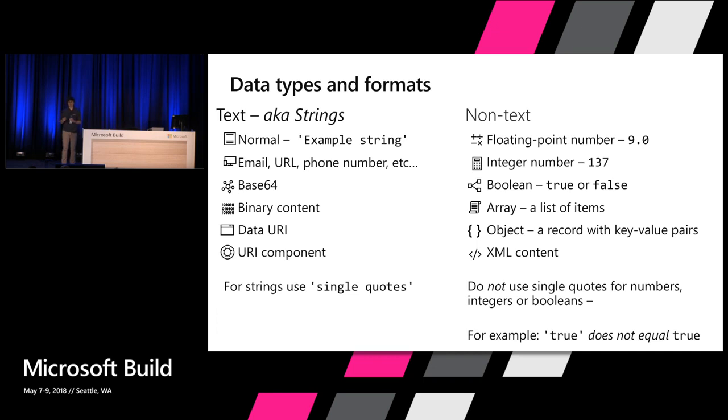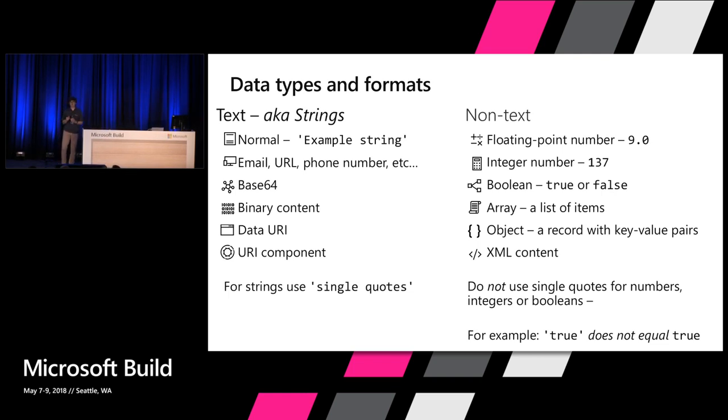In addition to the non-textual types, we also have a variety of different encodings that we support for strings. So if you have an API that returns back a base64 object or returns back something that's been URI encoded, you can actually parse and handle that inside of Flow as well. Finally, whenever we use strings inside Flow, inside expressions, and you'll see this in a second, you need to use single quotes to wrap that string.